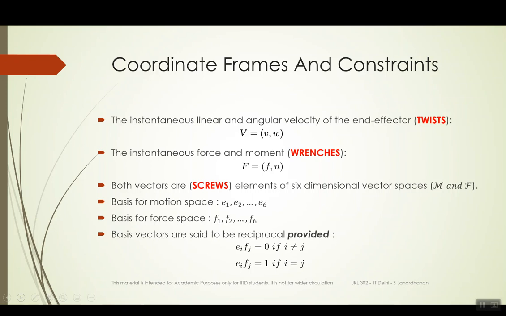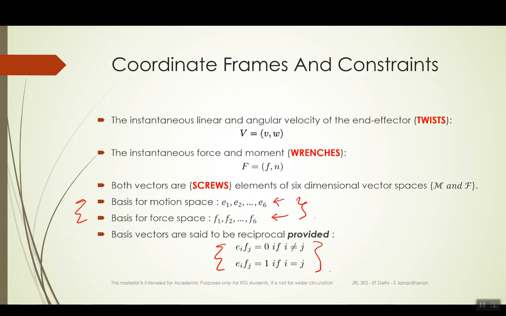Now, since we are talking about a six-dimensional vector space, the motion space and the force space both have six basis elements, and these two basis sets are said to be reciprocal, provided these relationships are obeyed.